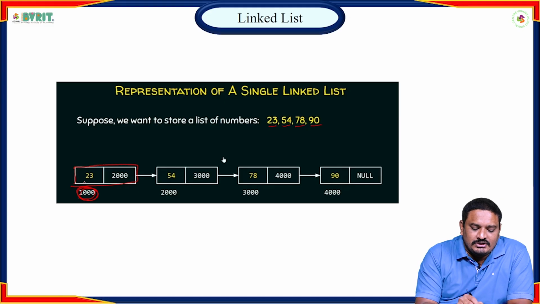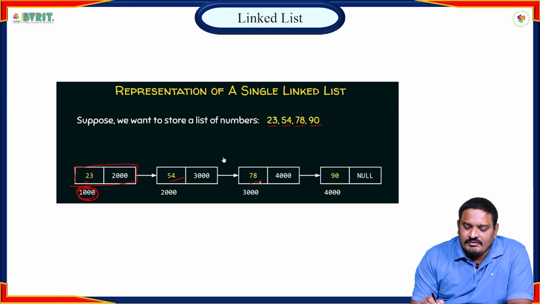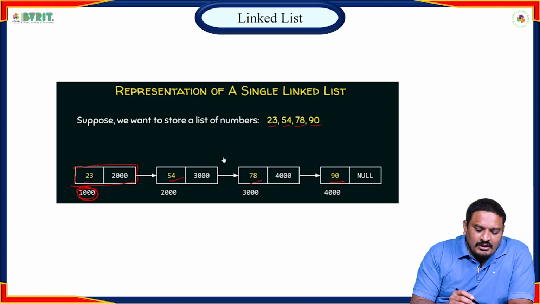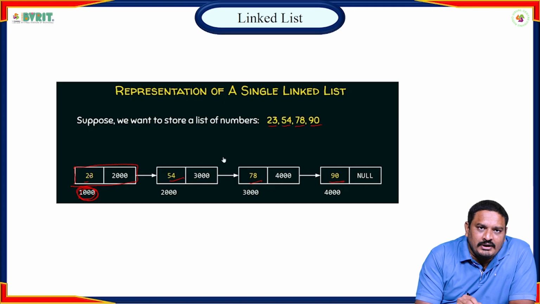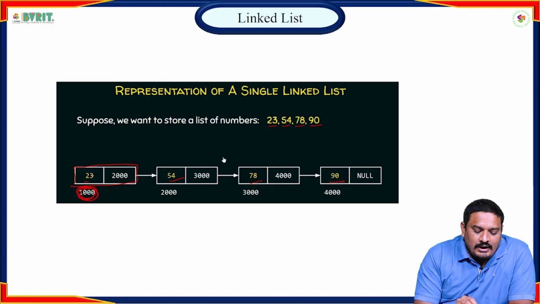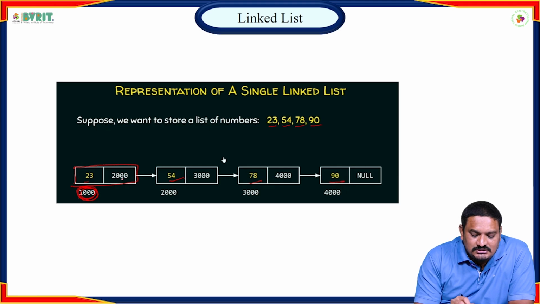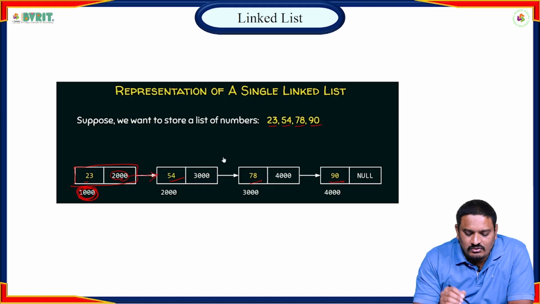The data is 23, 54, 78, 90. The first data is 23. The 23 element has some address, and also 23 has a reference allocated. This one is the 2000 reference.